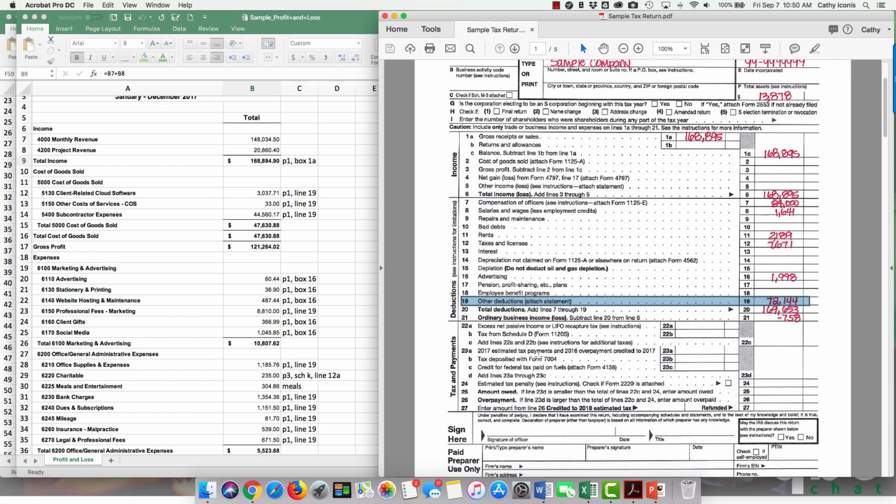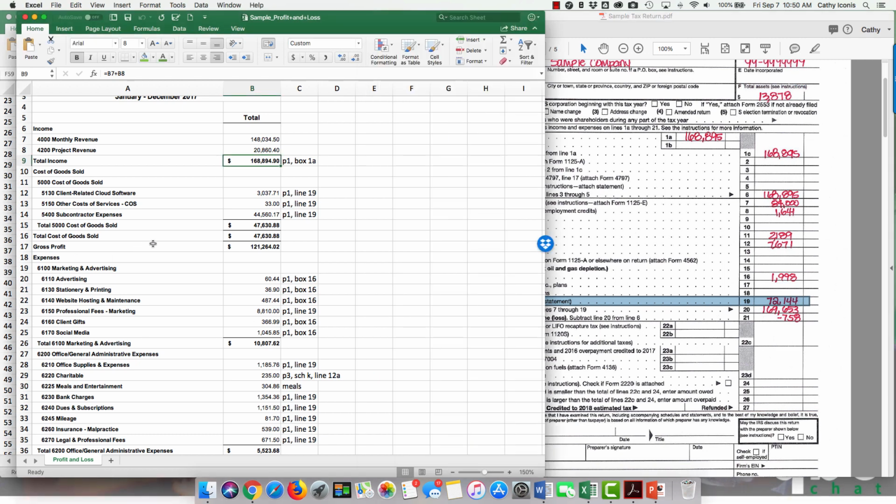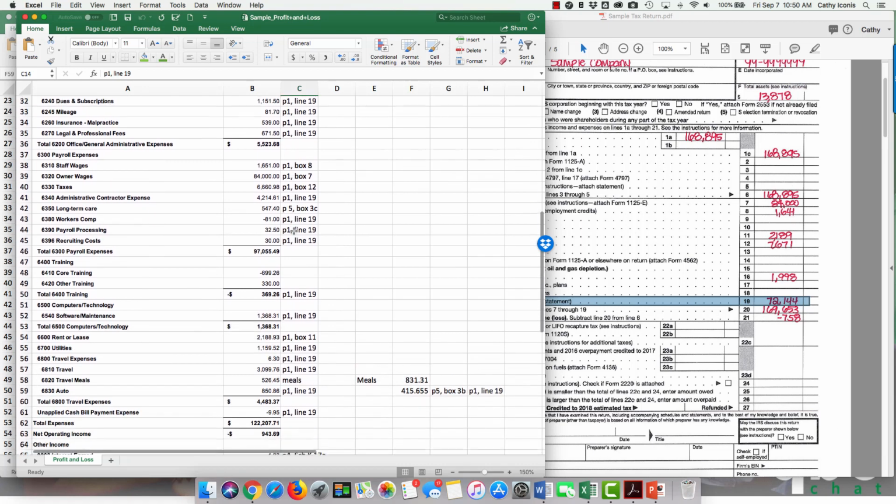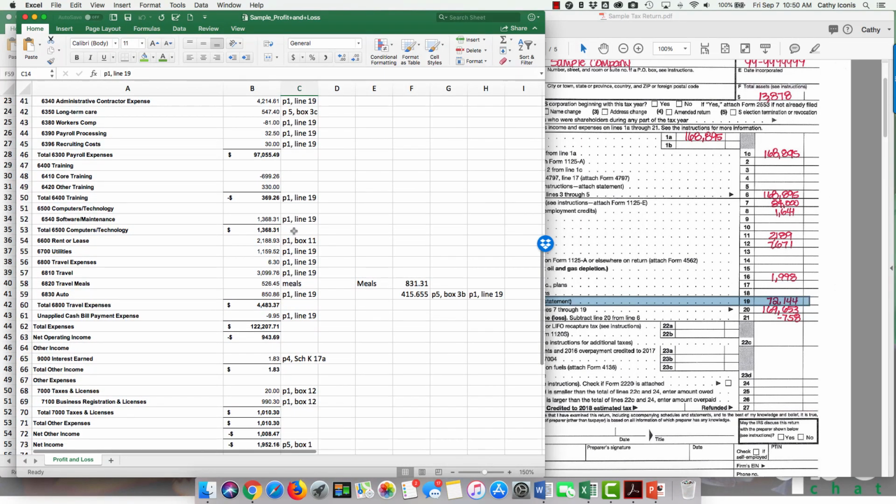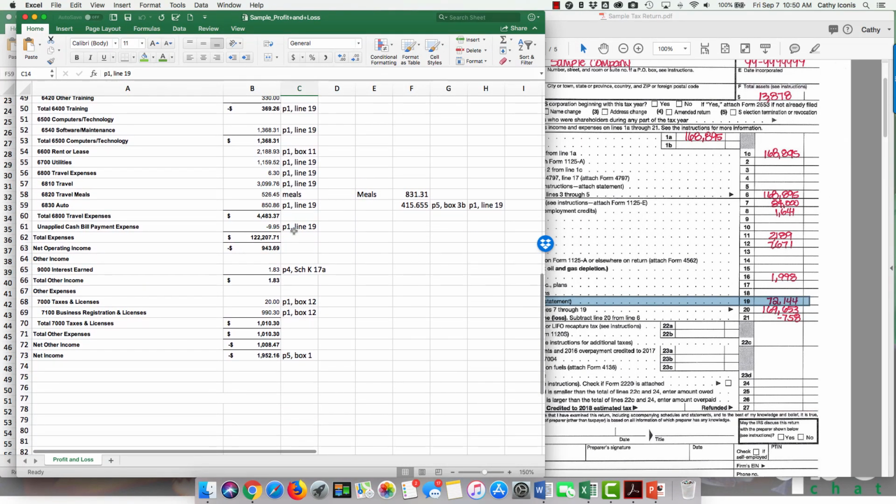So really what happens is that there's a statement that is attached to the tax return that explains what all of these other deductions are. And in this instance, anything that has page 1, line 19, the total of all of those is the 72,144, right?